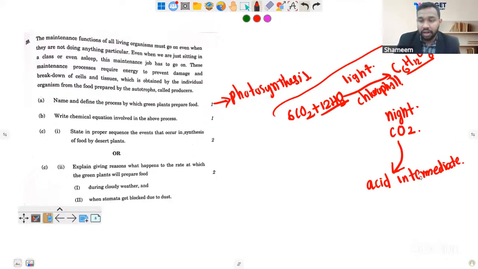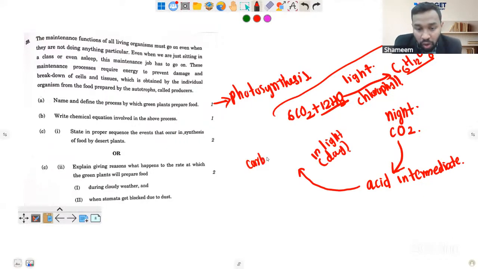After that, this acid intermediate in light, that is in the daytime, is converted into carbohydrate.